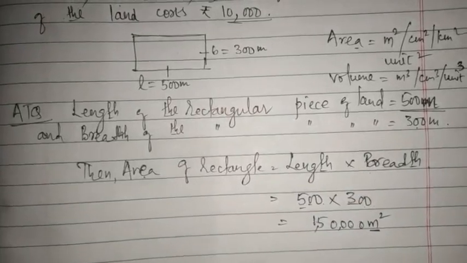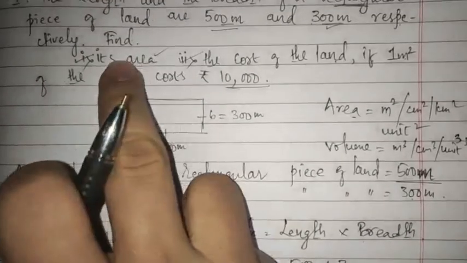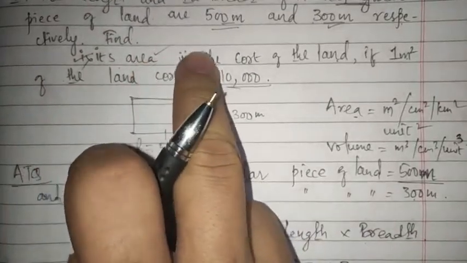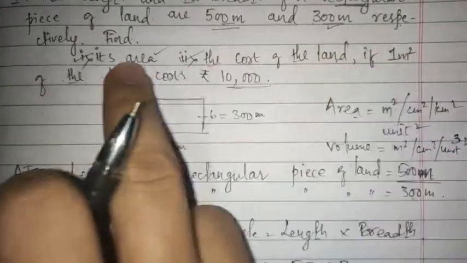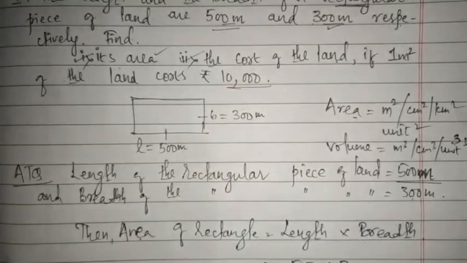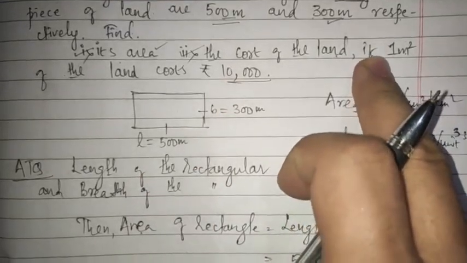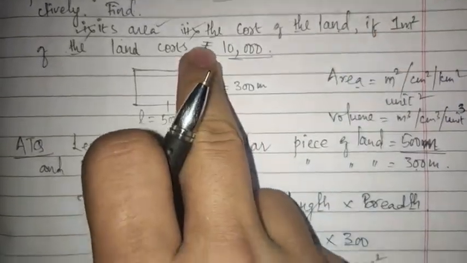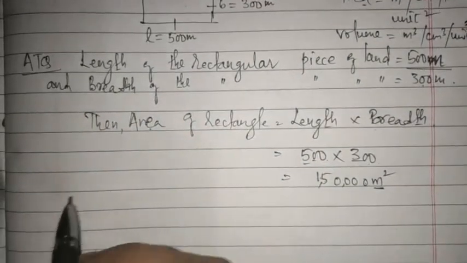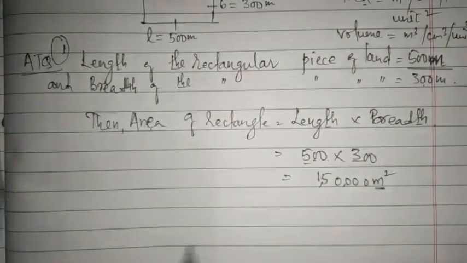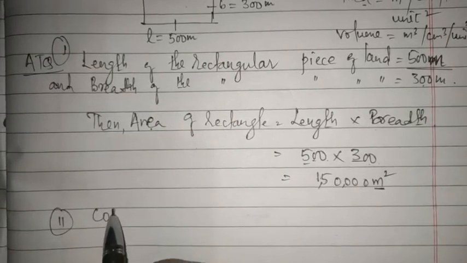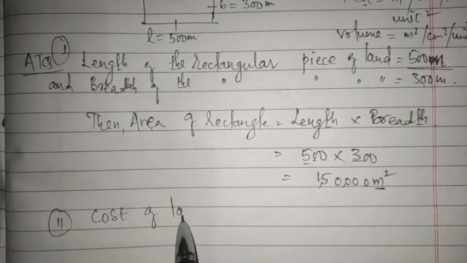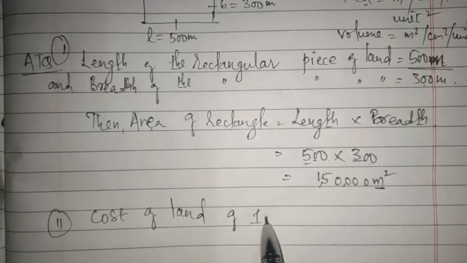The first question was to find its area. Now what you have to find is the cost of the land if 1 meter square of the land costs 10,000. This was our part 1. Now proceeding to part 2, we have the cost of land of 1 meter square area.